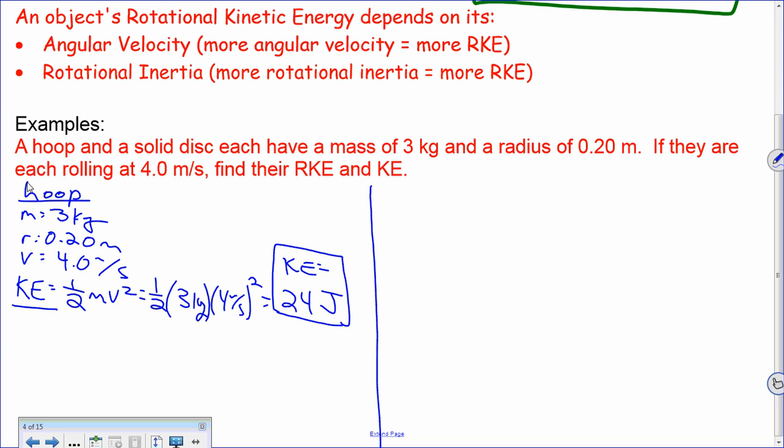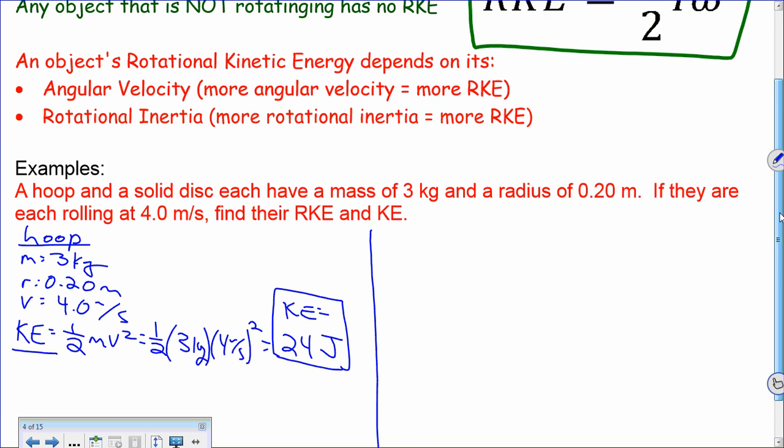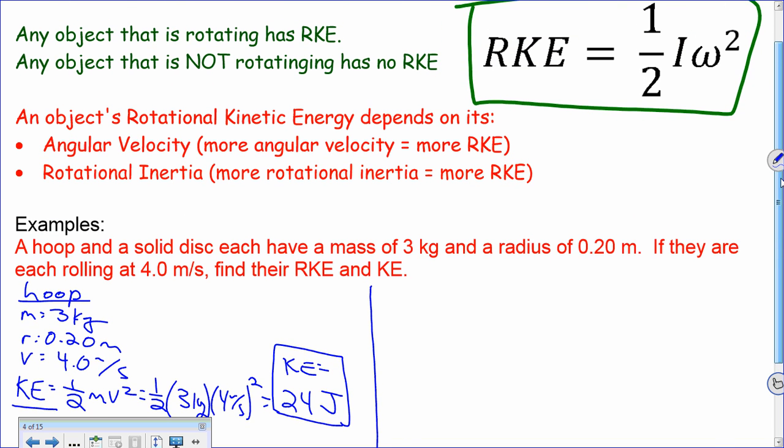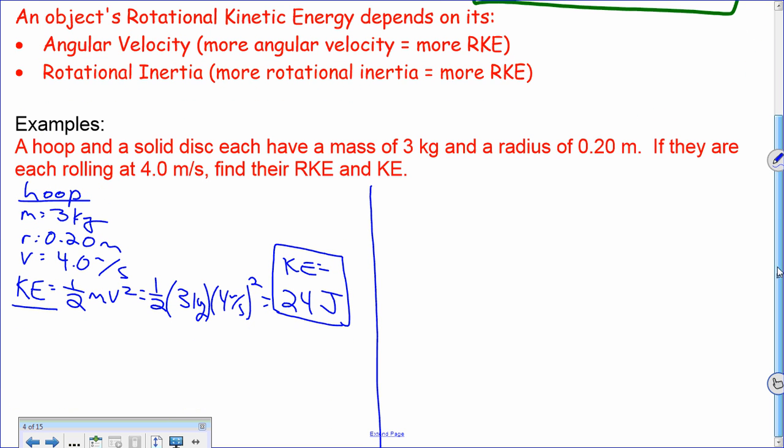All right. Now, the next thing we need to do is find the rotational kinetic energy. And in order to find the rotational kinetic energy, I need to know I, and I need to know omega. So let's take a moment and do that. So I, does anybody remember by any freakish chance what I for a hoop is? MR squared.